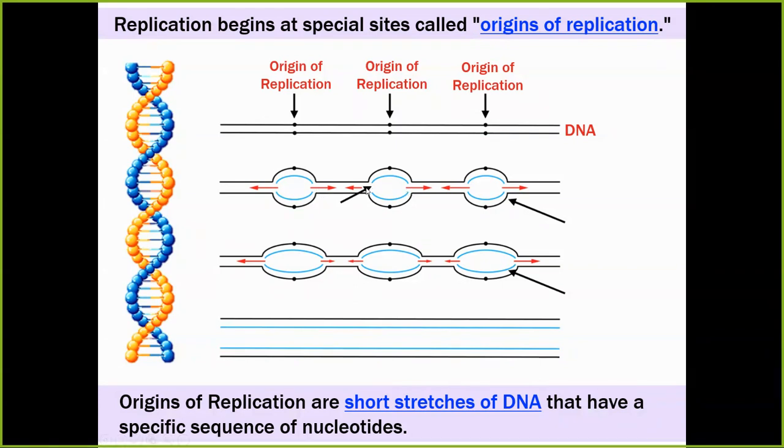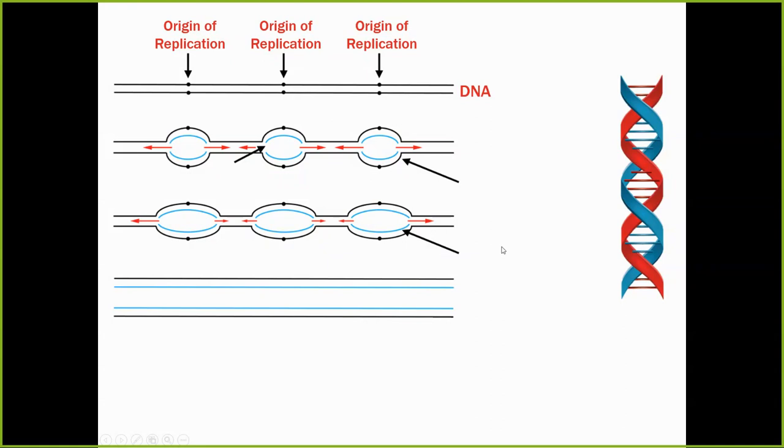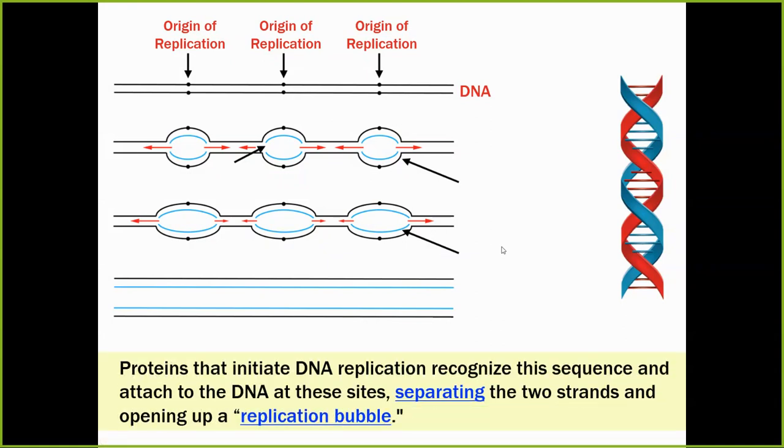Over here we have another replication fork, and so forth. And you can see these bubbles getting bigger and bigger as more and more DNA is being replicated. Proteins that initiate DNA replication recognize the sequence and attach to the DNA, separating it into strands and opening a replication bubble.